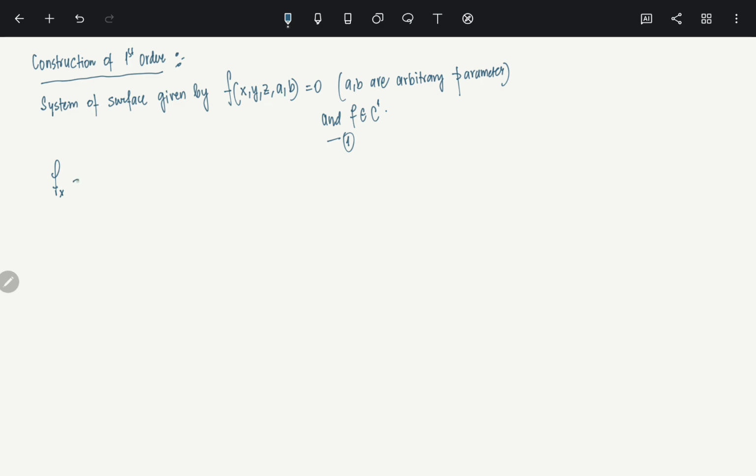I hope you know the derivative of this thing. So f is a function from, if you think about it, R3 to R, right? A and b are parameters, so you don't have to worry about it. Okay, R3 to R.